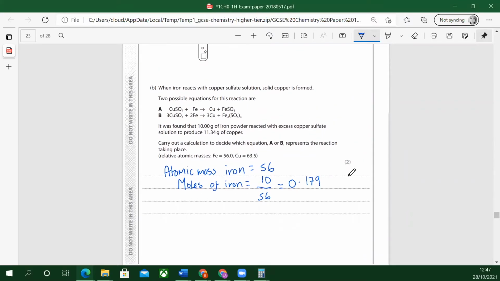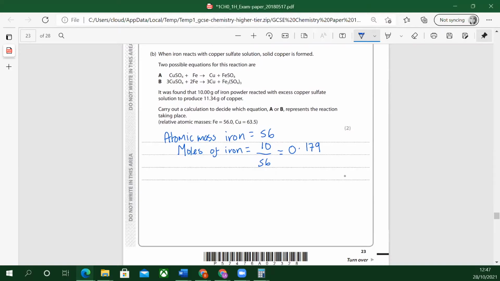So copper is 63.5. Let's see if we've got the same moles of copper. This is quite a tricky question, but we're just doing trial and error, trying the first one out.